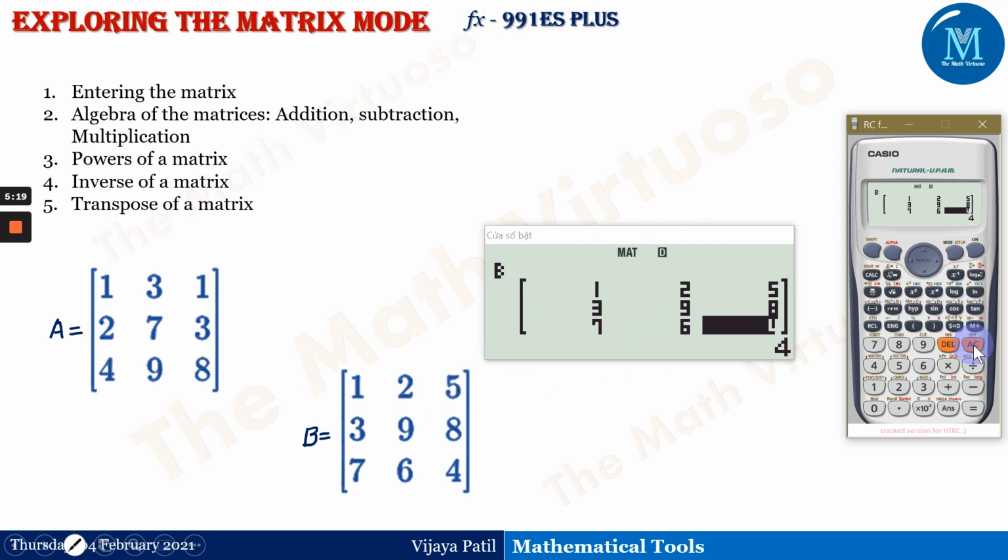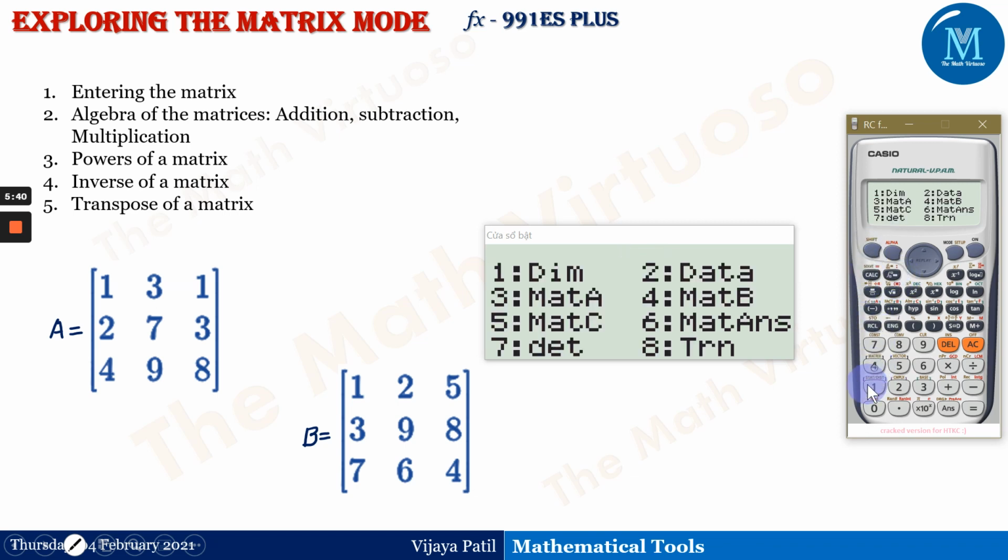Now let us go and explore the different operations. Entering the matrix, or you can say feeding the matrix, has been done. Now the second thing is algebra of matrices, under that, addition. Now I have to call Mat A and Mat B. For calling, Shift 4, it is asking me which matrix you want.